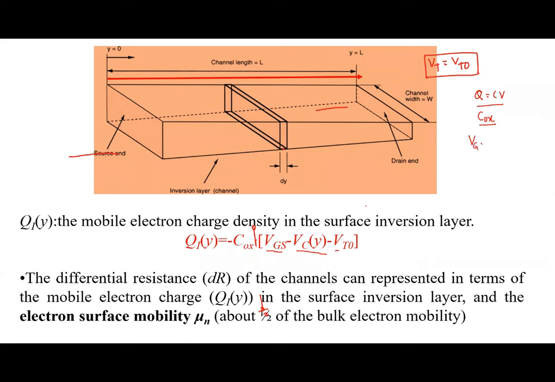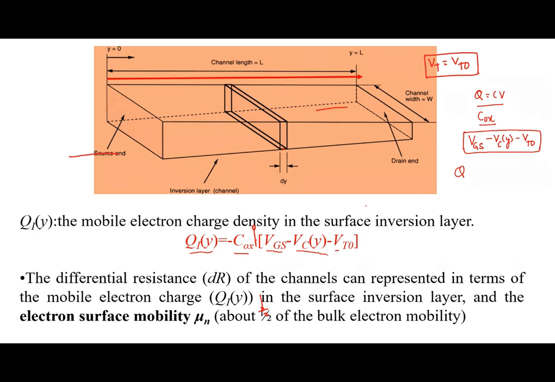This is the potential applied at the gate, this is the potential in the channel at point Y, and this is your threshold voltage. So this is the potential at any point if you want to calculate. Your inversion charge density is given by Qi equal to Cox times (VG minus VC(Y) minus VT naught).